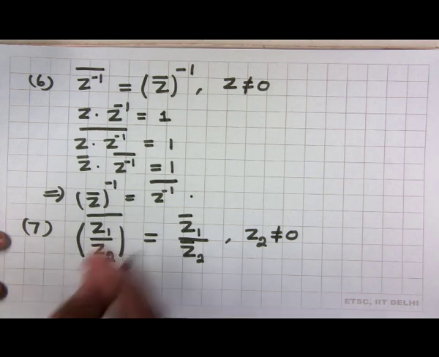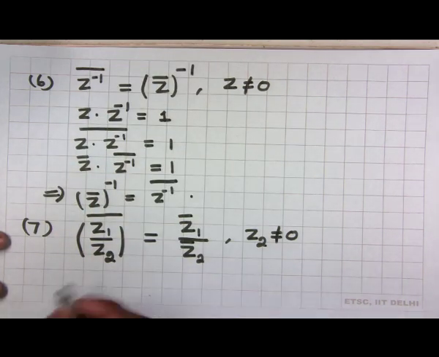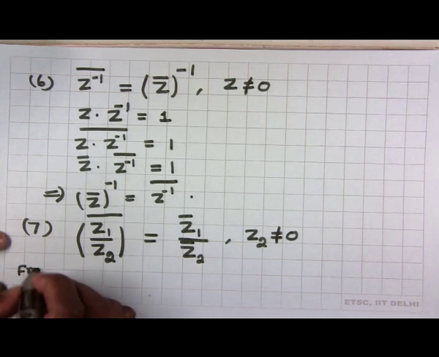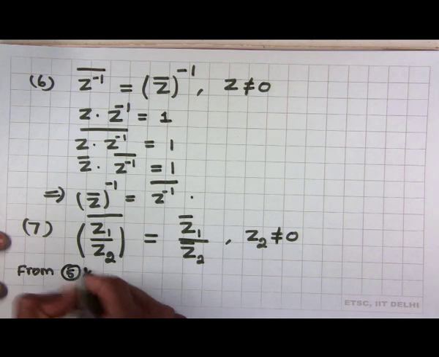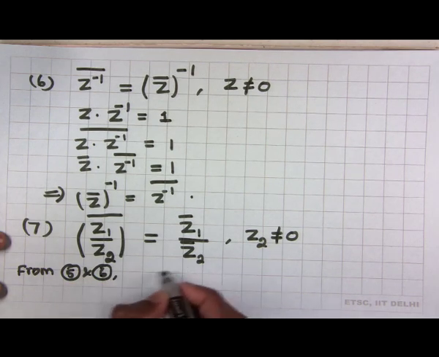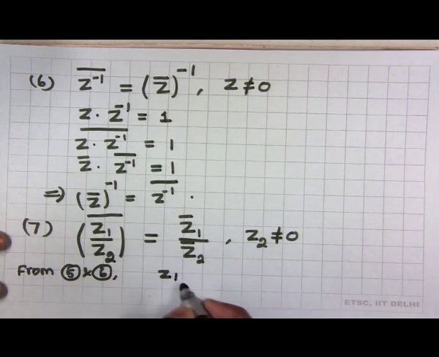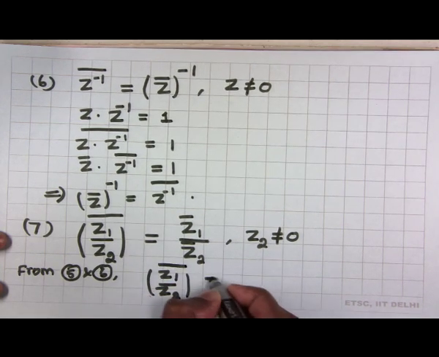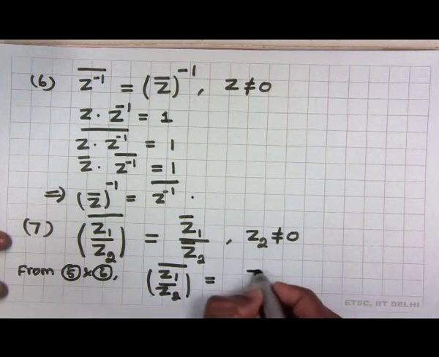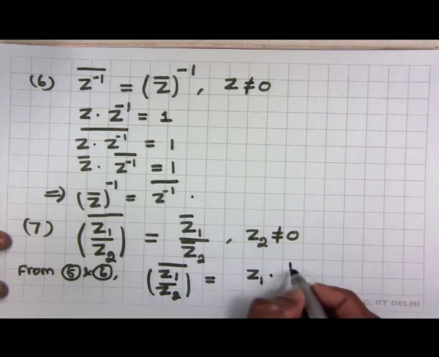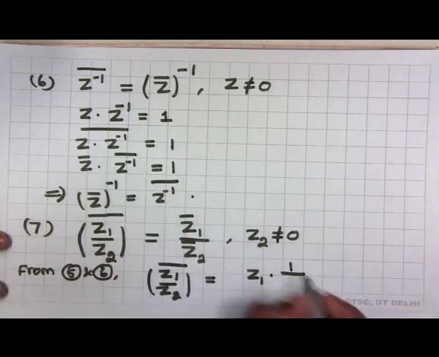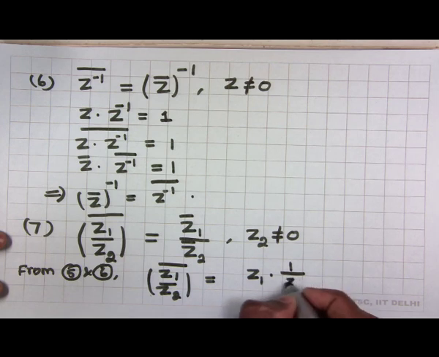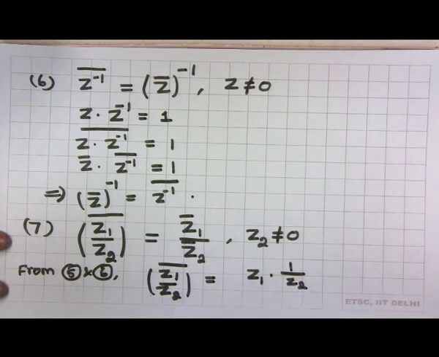This relation follows from the above ones. Combining 5 and 6, we can derive the following: z1 by z2, the whole conjugation, can be realized as z1 product with z2 inverse, where z2 inverse is just notation for 1 by z2.